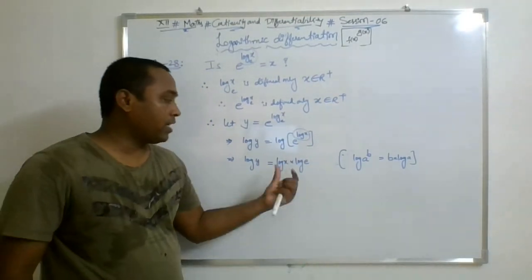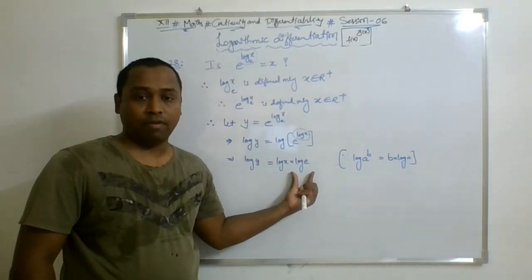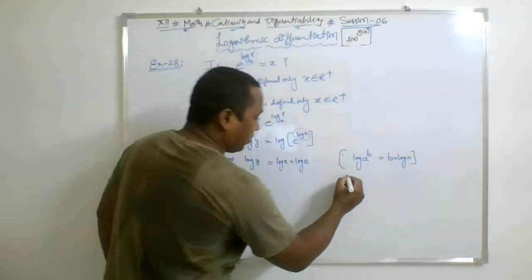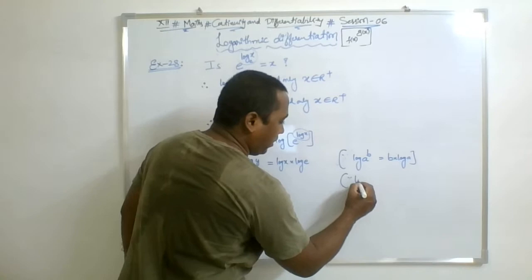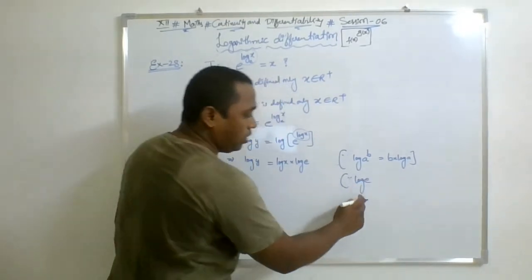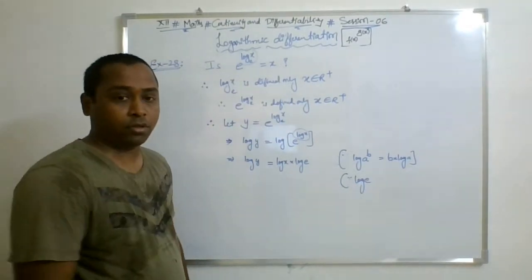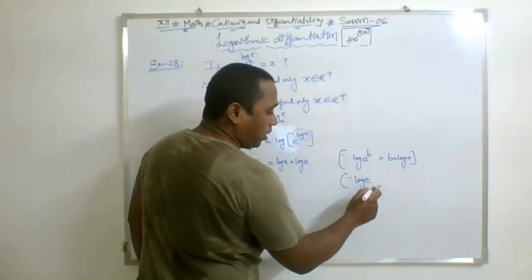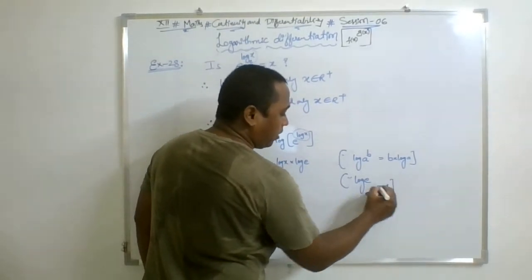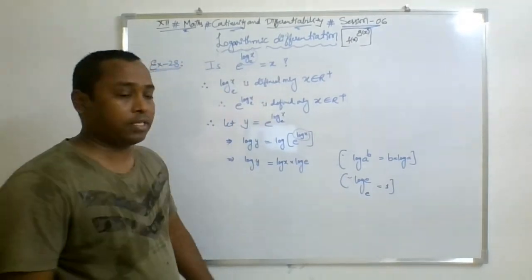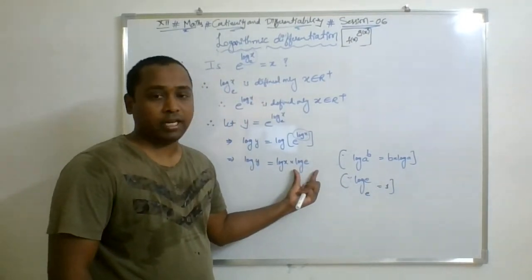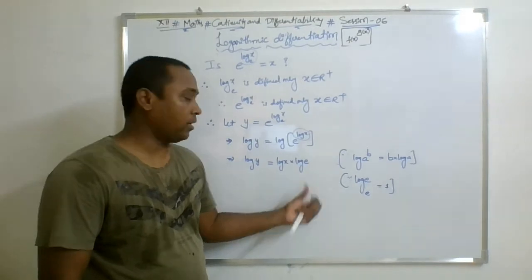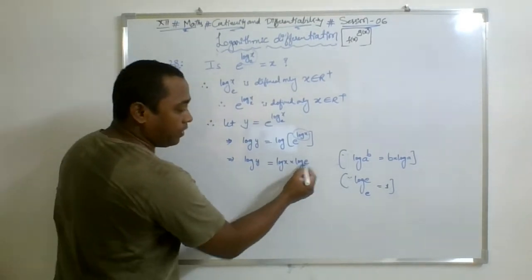And now you can simply say the log e value is 1. The reason why the log e value is always 1: the base of the logarithmic function, naturally, we are taking as e. Hence log e base e value is 1. By default, whenever log e is there, its answer is 1. So its value is 1.